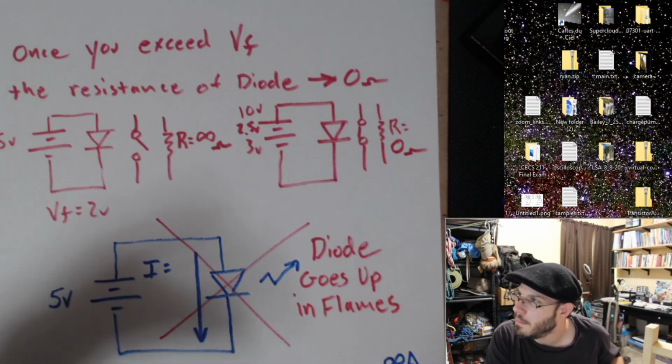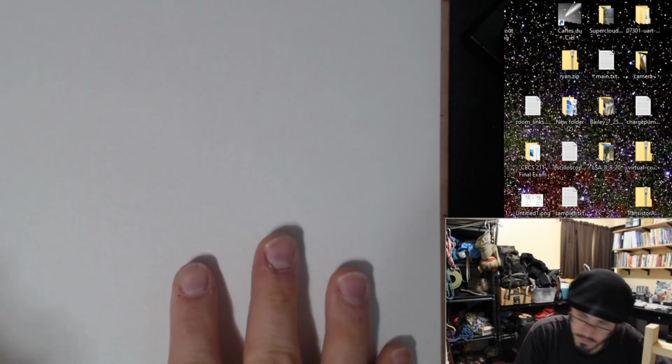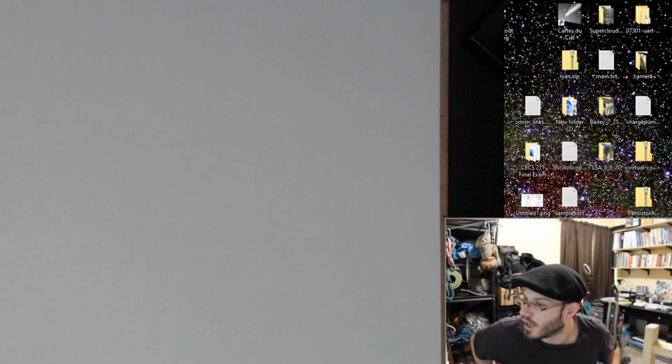I need something to limit the current through this series circuit. Help me out. What do I do? A resistor. Perfect. What do I do with that resistor? Slap a resistor in. Do I put it in series?